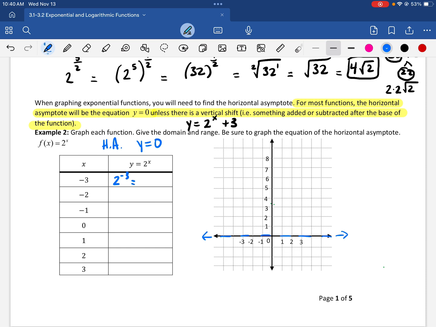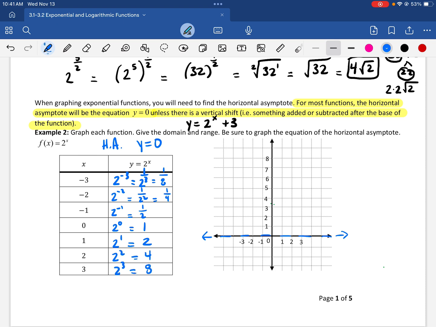So this is going to be 2 to the negative 3, which becomes 1 over 2 to the third. 1 over 2 to the third is 1/8. 2 to the negative 2 becomes 1 over 2 squared, which is 1/4. 2 to the negative 1 is 1 over 2, or a half. 2 to the 0, anything to the 0 power is equal to 1. 2 to the first is just 2. 2 squared is 4.